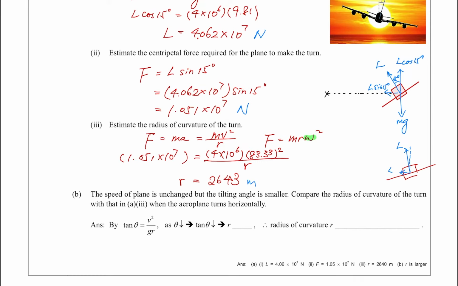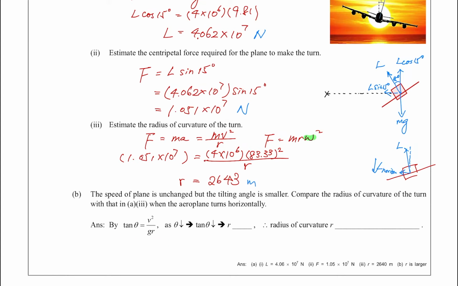In that case, if you resolve the lifting force, the horizontal component will be smaller. So the centripetal force will be smaller.